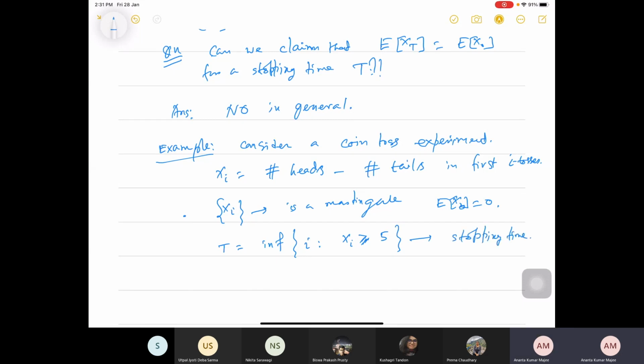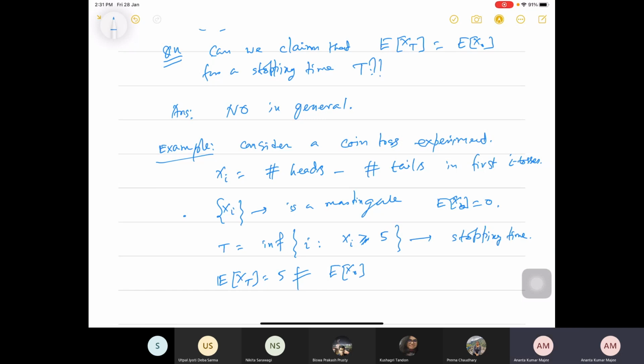Check yourself, because you see that the event T less than or equal to i should be F_i measurable. So now what is my expectation of X of capital T? You see that it is 5, which is not equal to the expectation of X0.